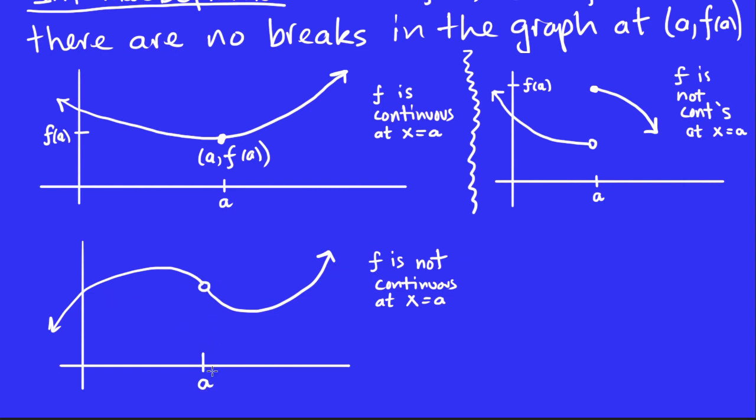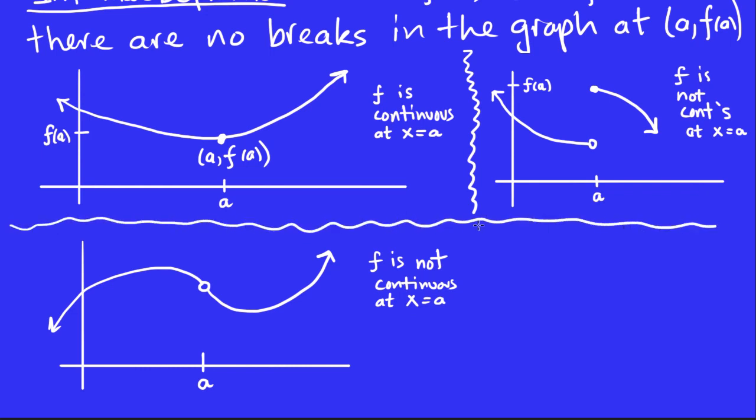So if the function's not even defined at the number, there's no way it can be continuous. I think that's worth writing down. I already said it, I guess, but it's so easy to forget, and it's really important to remember that. So I'm just going to point it out again.